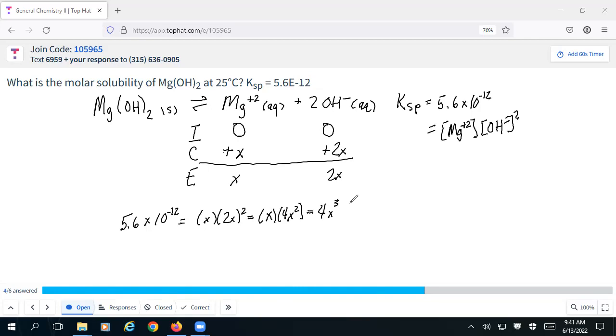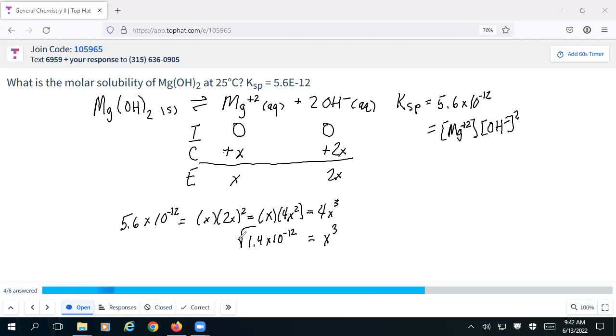Remember, x is our molar solubility. So if we solve for x, we are solving for the molar solubility. Divide each side by 4. 5.6 times 10 to the negative 12 divided by 4 is 1.4 times 10 to the negative 12th, being x cubed.